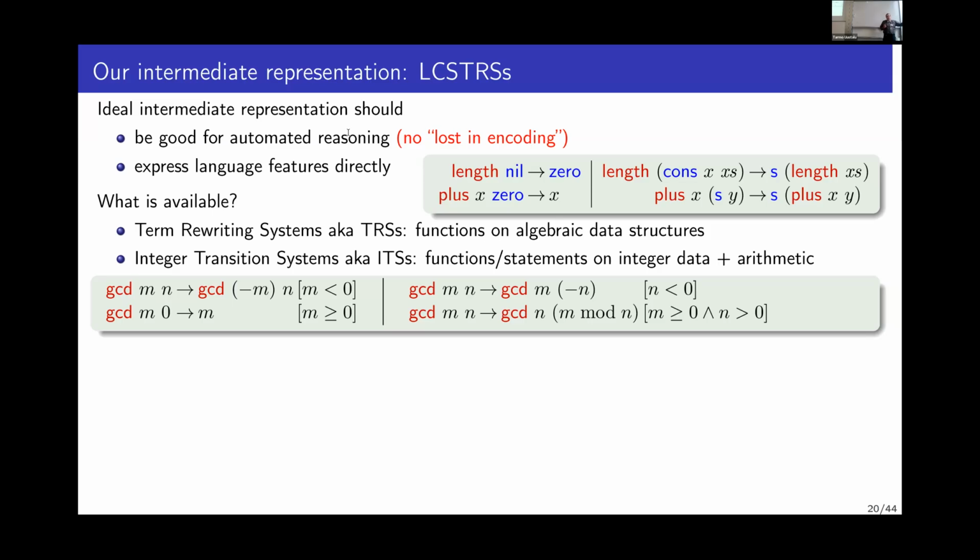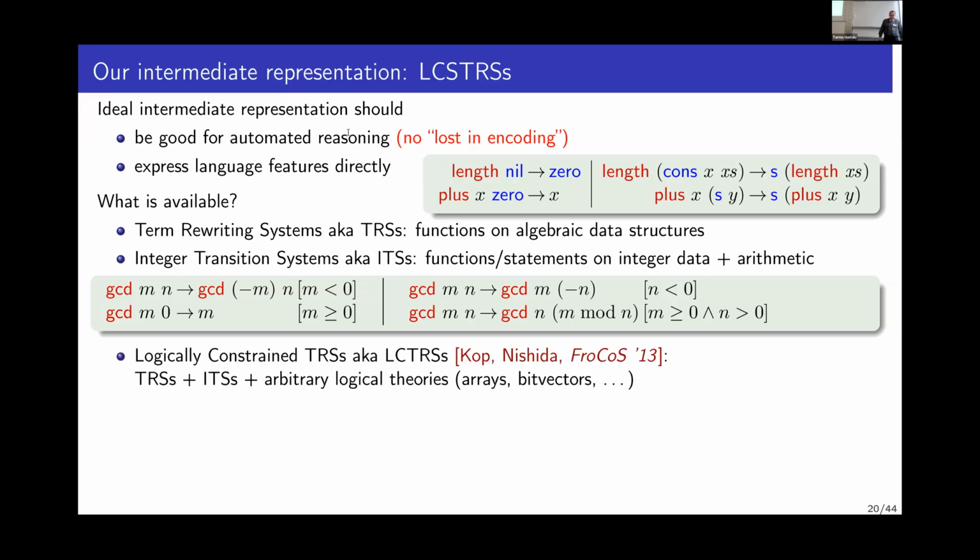They take a program and translate it to a mathematical representation that does not have our user-defined constructors, but that very much does have integers and operations on integers. Here, for example, I've brought an implementation of the greatest common divisor function over positive and negative numbers.